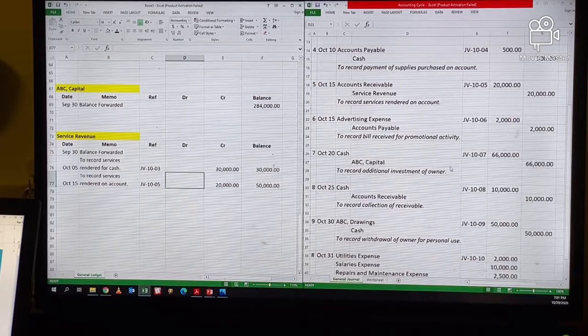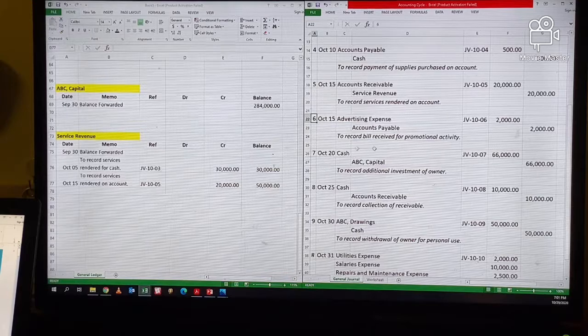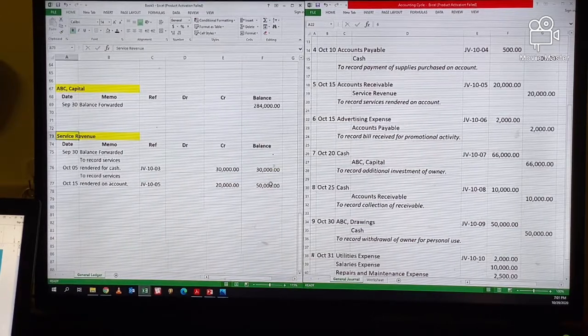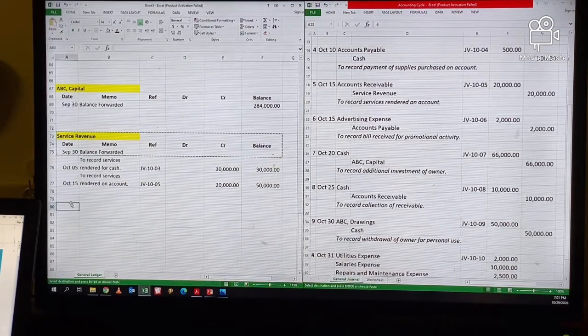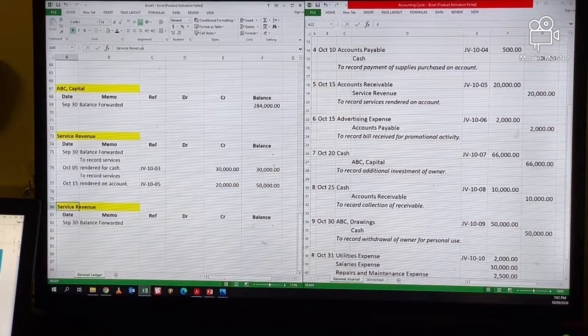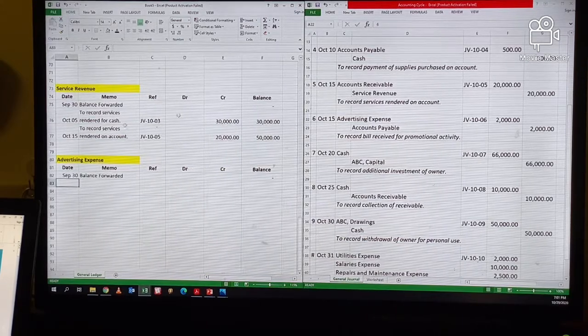Then, next entry tayo. So, nandito na tayo sa transaction number 6. Debit advertising expense. So, since expense siya, wala pa tayong GL na nagagawa. Okay, so, advertising expense. Okay. So, yan na siya. Advertising expense, debit. So, ang date, October 15.